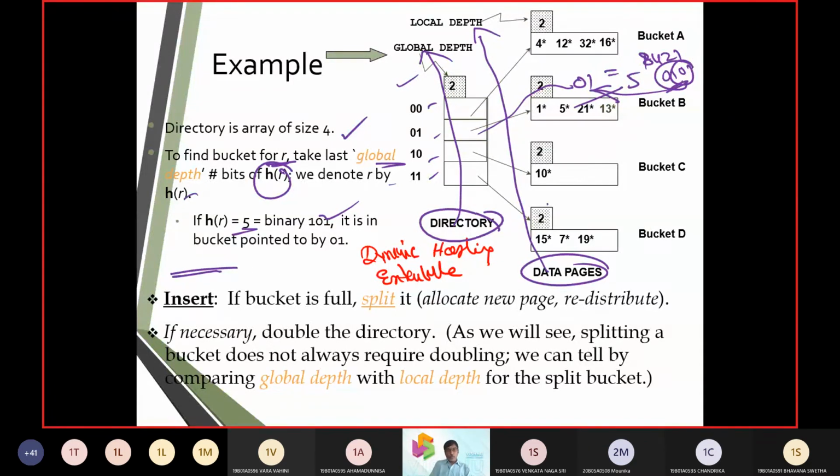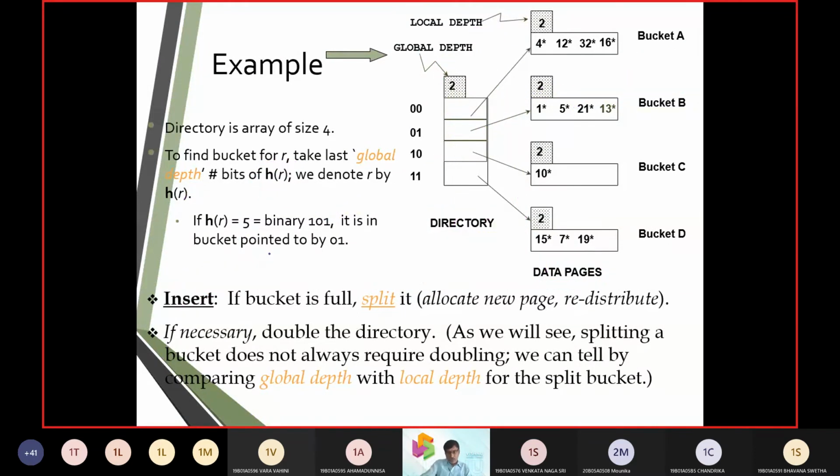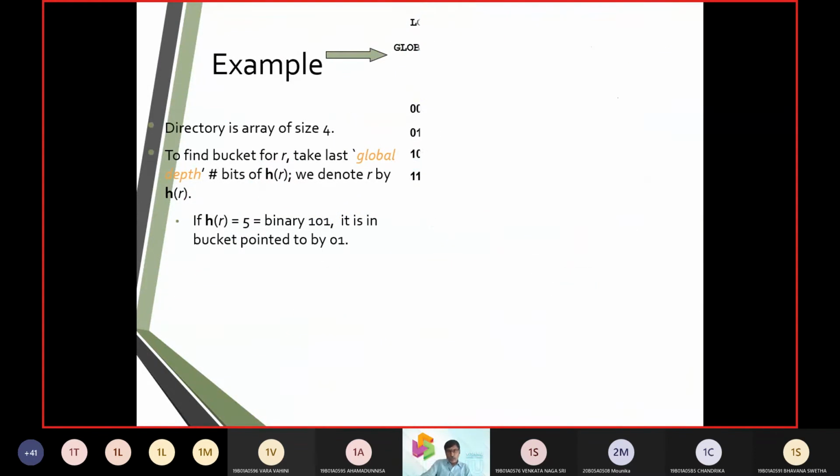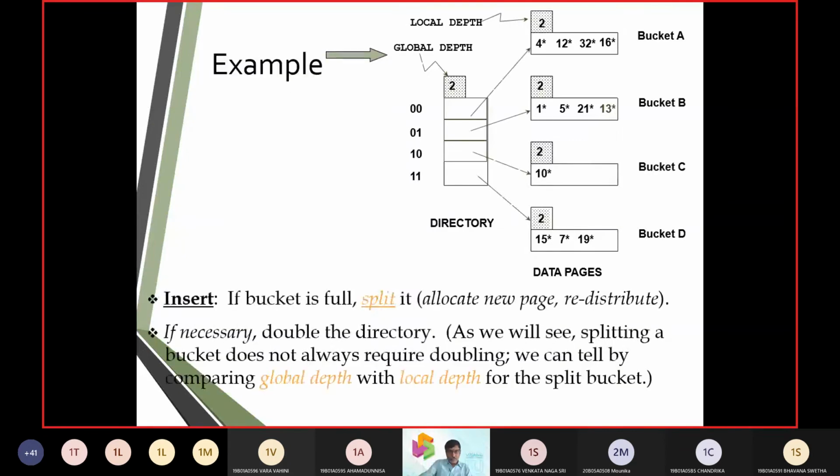Now what to do? Let us see how an insert operation is going to take place. Let us see the same example, how an insert operation is going to take place. For example, 4, 12, 32, and 16.